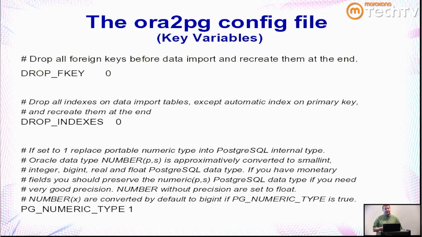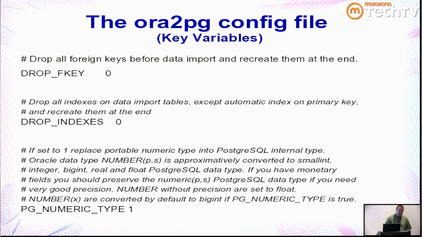There's a PG numeric type variable. By default, it's set to 1, which says it'll replace the numeric Oracle type with either a big int or an integer, depending on how big the number actually is. And there's certain cases where you want to set that to 0, but in most cases, if it's strictly numbers, then it's a good idea just to let Postgres change it to an integer or to a big int.